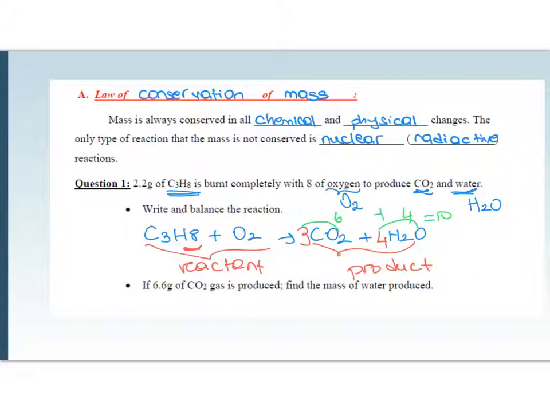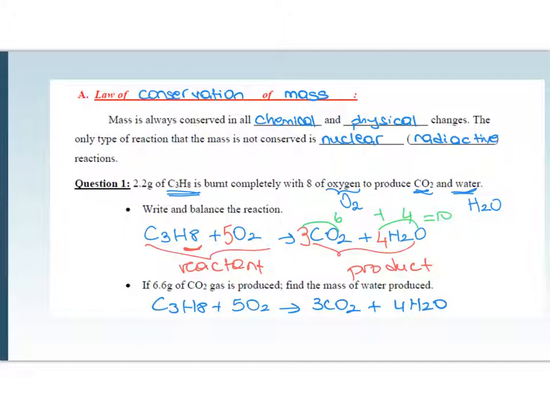So by putting 5 in front of oxygen molecule, we'll already balance the number of oxygen atoms. So this is the balanced equation. Let me write that equation again for the next question. Propane plus 5 oxygen giving you 3 carbon dioxide and 4 water molecules.